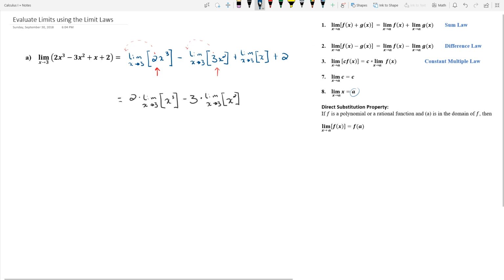So if x is approaching 3 and we have a function of x, we can say that this is going to be 3. So that is rule 8 or law 8. And then we just continue to bring down our plus 2.